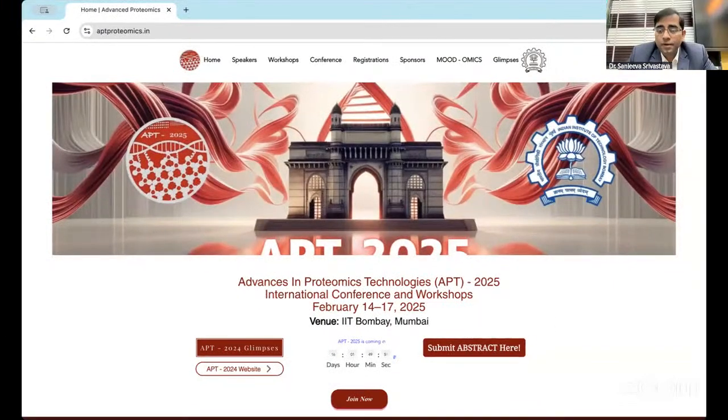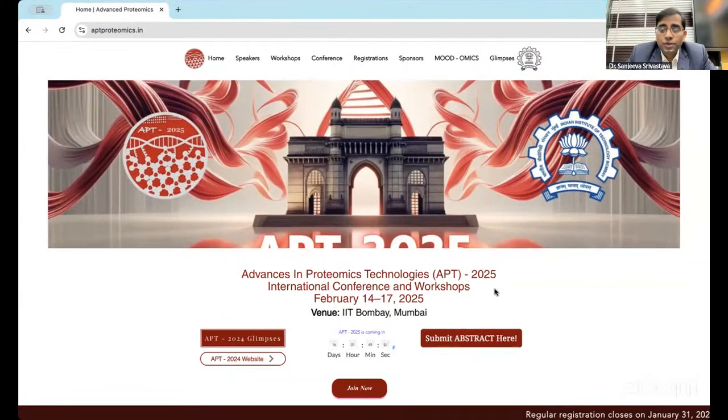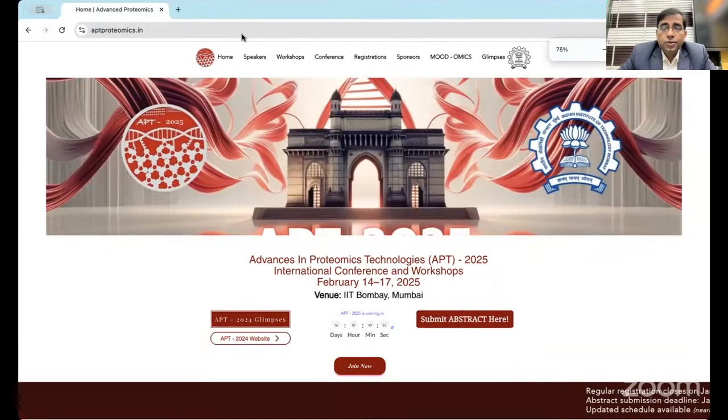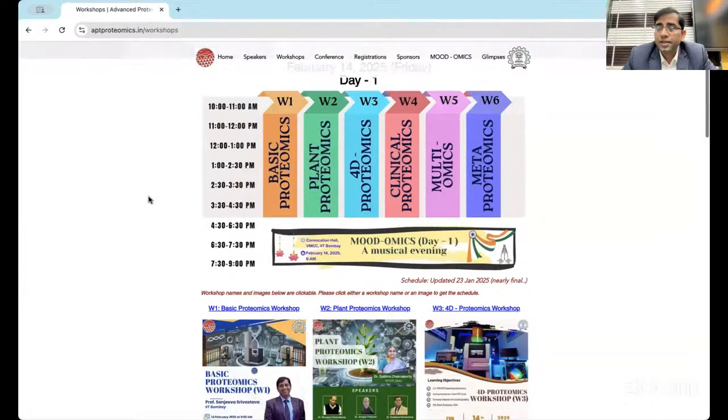We're also going to conduct an international conference and workshop at IIT Bombay. Let me share my screen and show you this event. This could be another opportunity for students who want to interact more and get some knowledge from us with the training program.